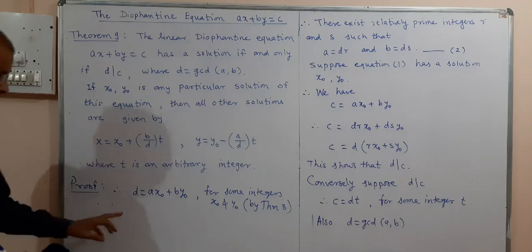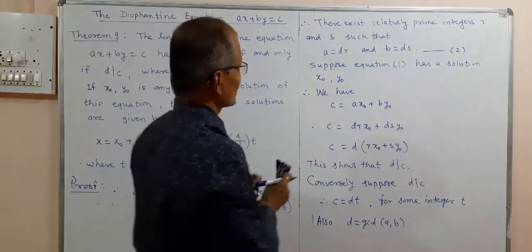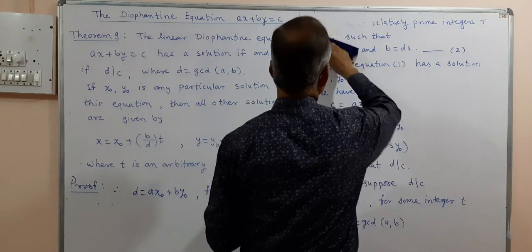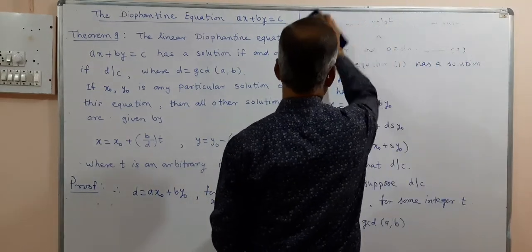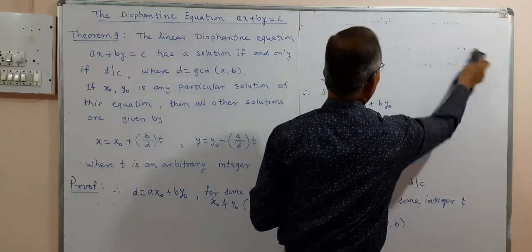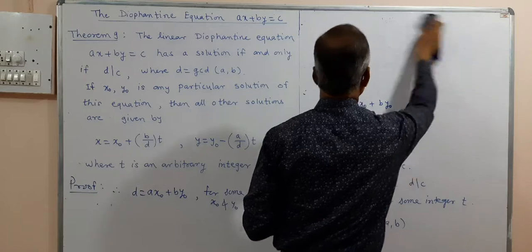Now we will consider c. C is equal to d into t. And in that we will use the value of d.